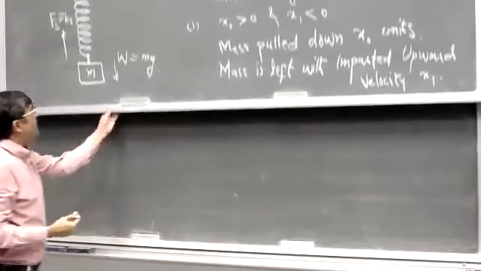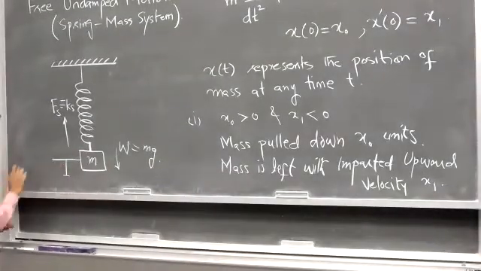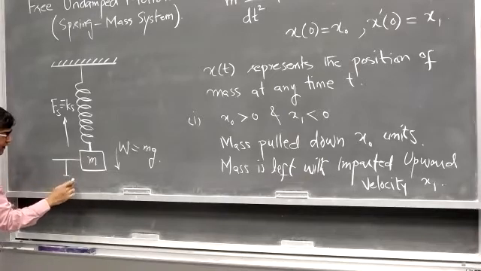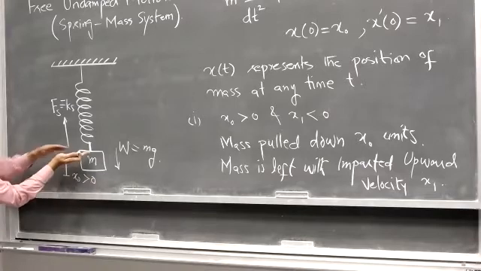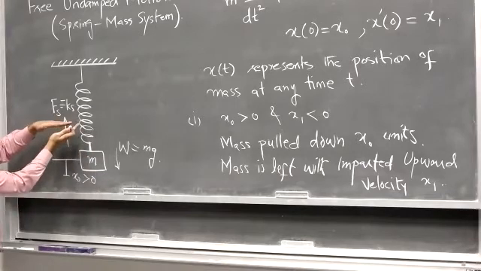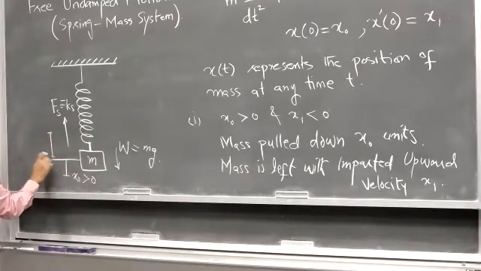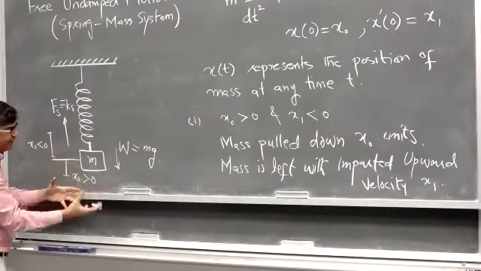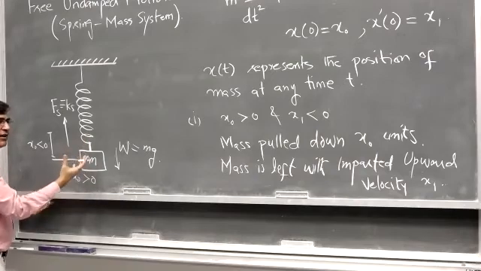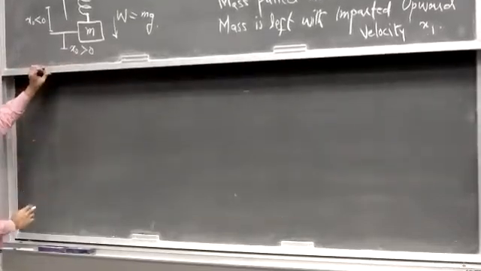Again, if we pull it down, there will be a displacement, which we call the initial displacement x0, and this will be greater than 0. And when we press this spring, the mass is displaced upward, there will be a negative displacement from the equilibrium position. And when we pull it down and leave it with the velocity x1, it will be an upward velocity, and that velocity will be negative always.